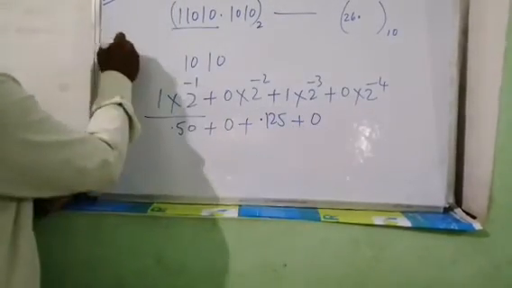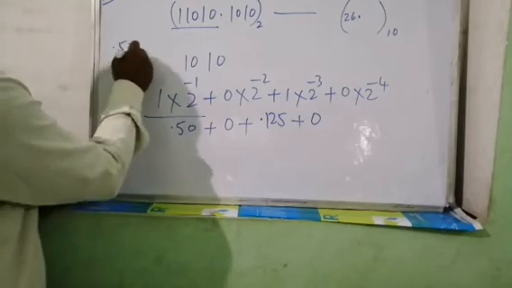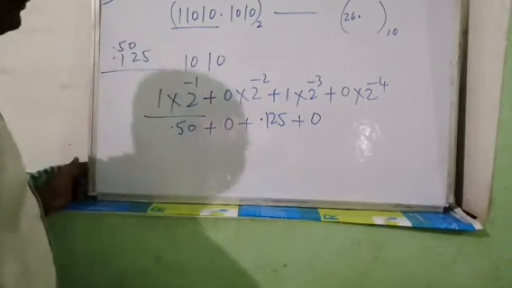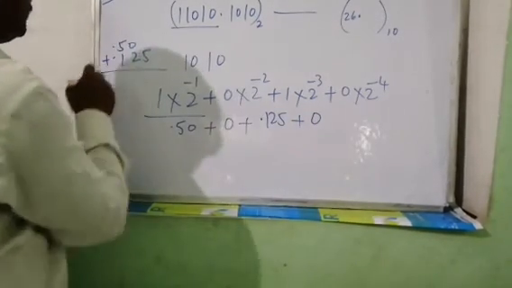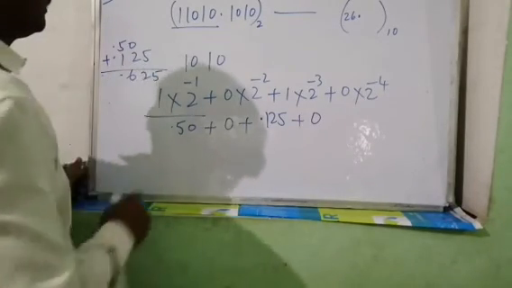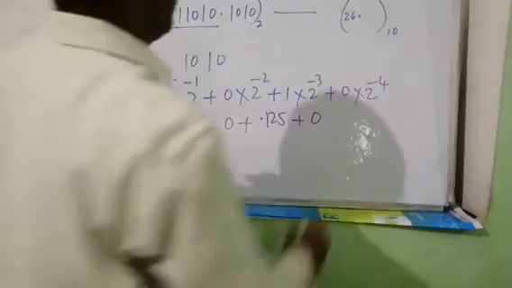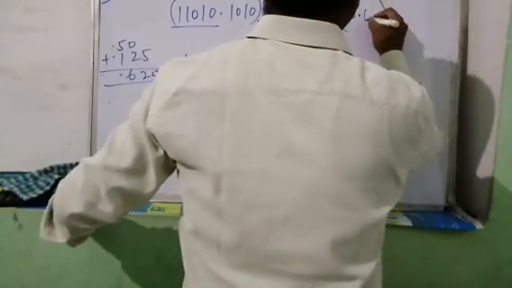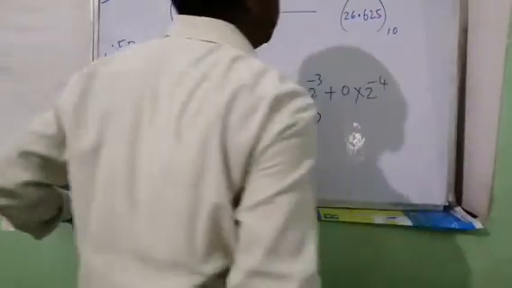So 0.50 and 0.125 we have to calculate. We have to find the sum: 5, 2, 6. 0.625.